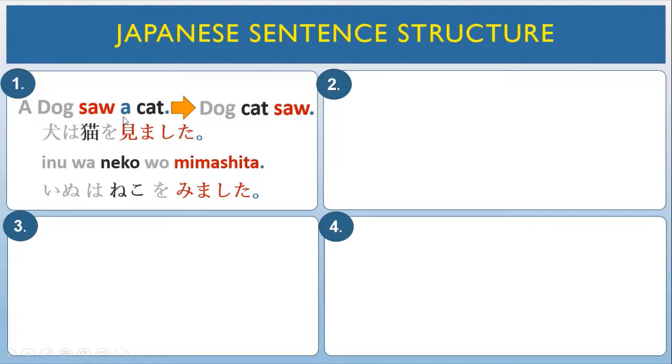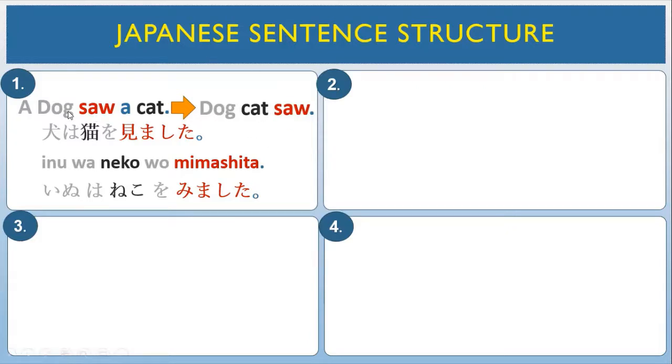Please listen to Toshiro and repeat after him. 犬は猫を見ました。 So this is how the verb will be at the end of the sentence.